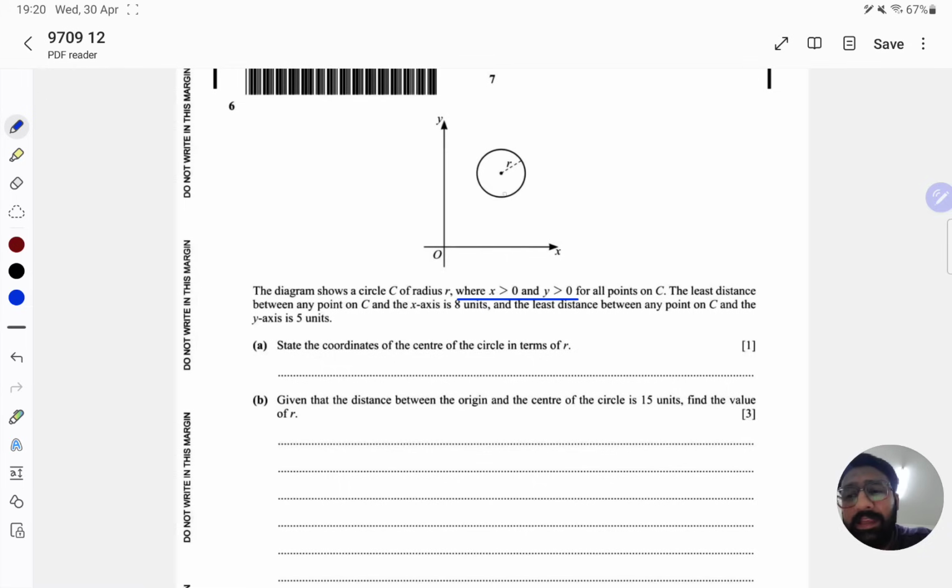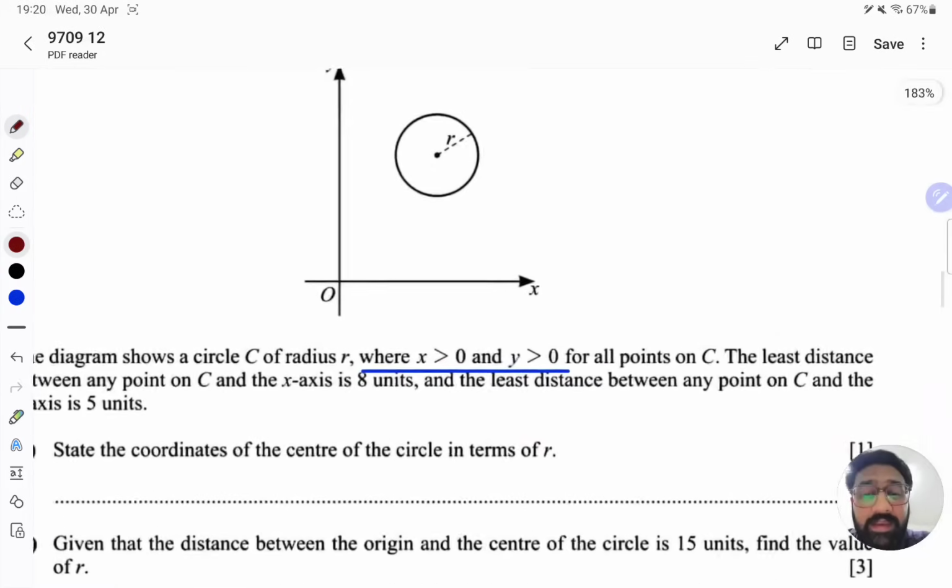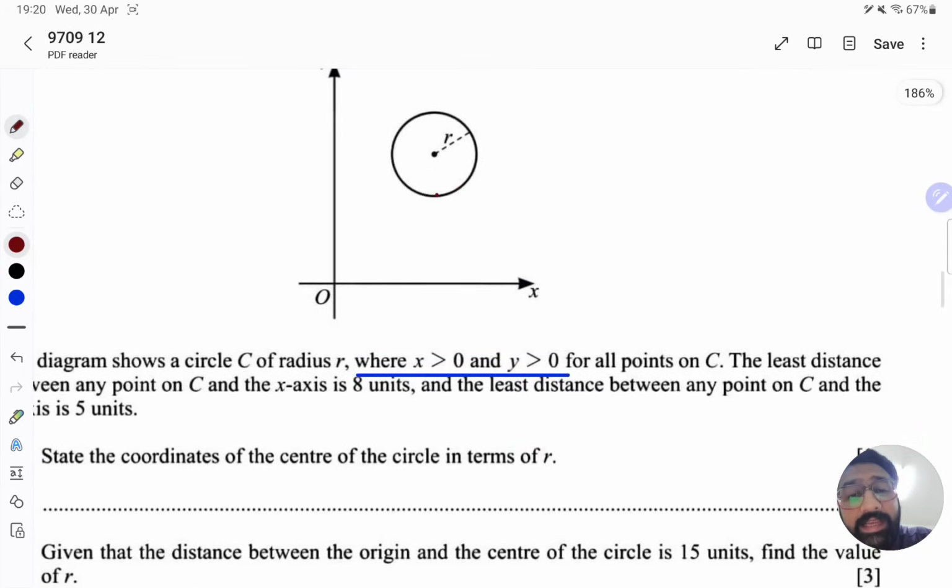So basically the point that lies on the circle closest to the x-axis has to be right here, right below the center. This will be the radius, and he has told us that the distance of the lowest point from the x-axis has to be 8.